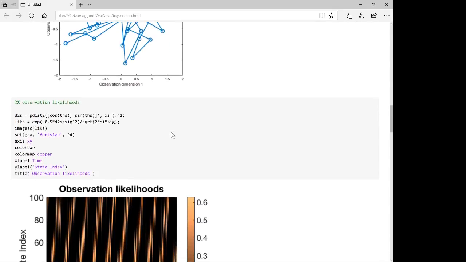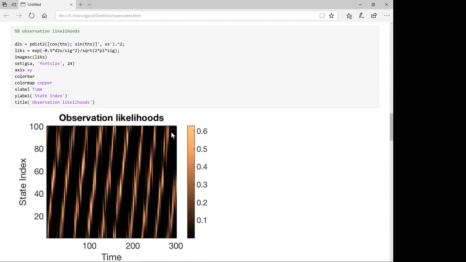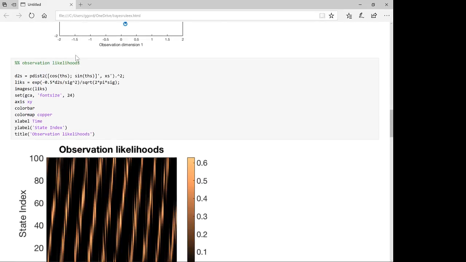All right, so now what I'd like to do is use Bayes' rule to figure out what x was, given these observations. The first thing is that I can figure out the probability of each observation given particular values for the corresponding state.